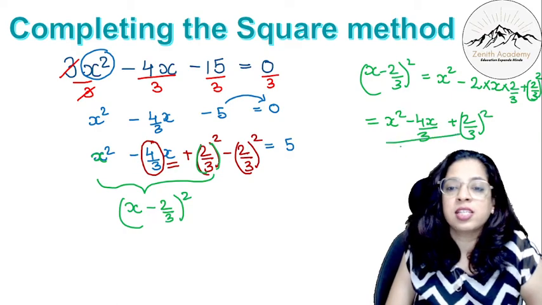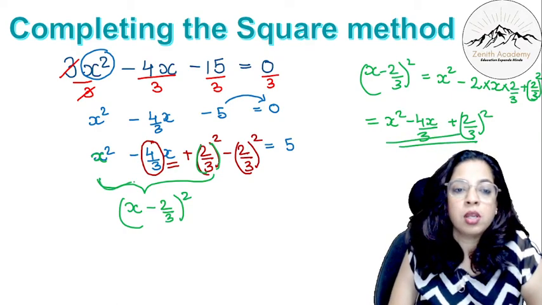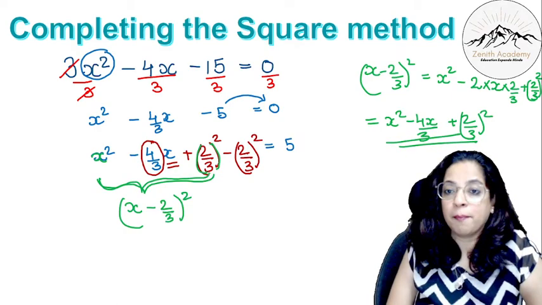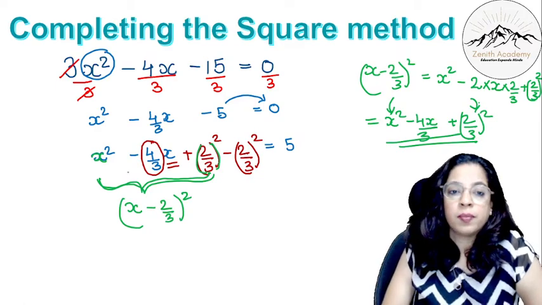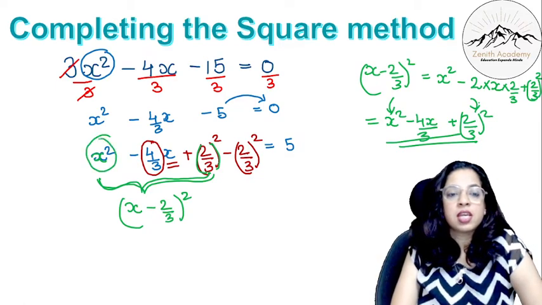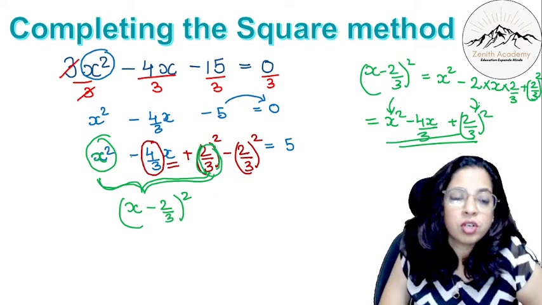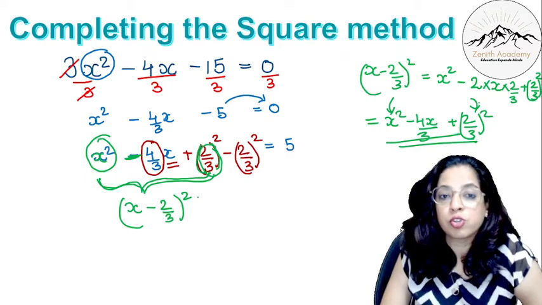Isn't it the same? This one and this one, they both are the same, right? So I can say this is x minus 2 by 3 whole square. Whatever is the first, x, and this is 2 by 3. And whatever sign is here, if there is a minus, you will put x minus 2 by 3 whole square.